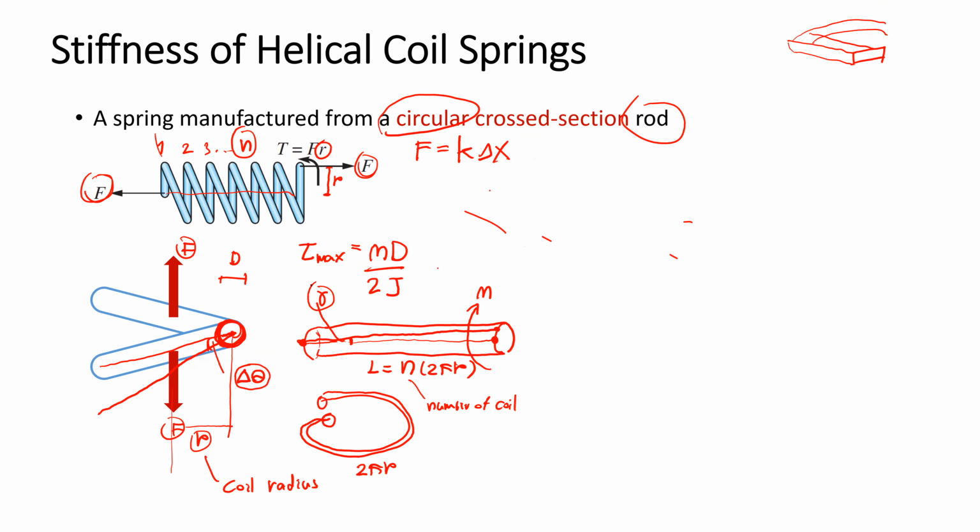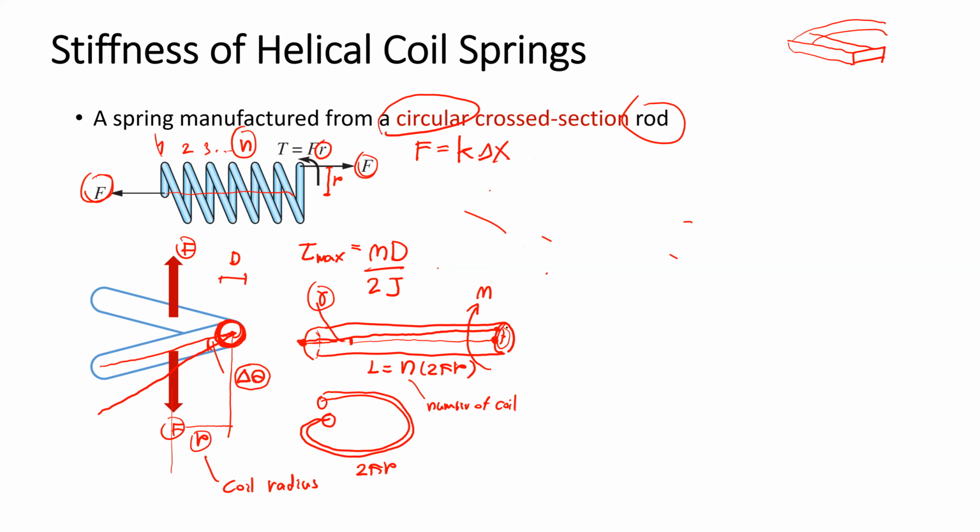Shear strain is the angle computed from the length of the rod and the deformed distance here. So what should be this distance?